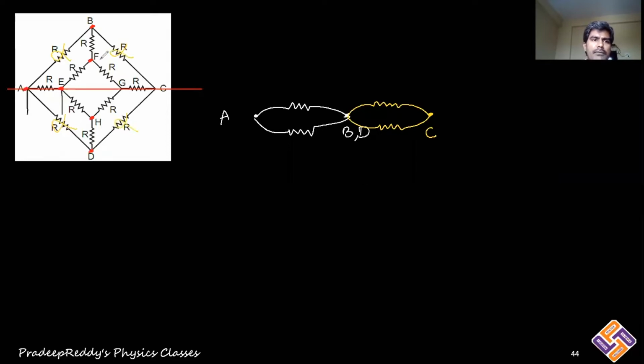Next, you have 2 points F and H. From D to H, there is one resistor. H and F are identical. Check it out. Therefore, between D and H, there is one resistor, and between B and F, there is one resistor. So this resistor is joined. This resistor is joined.